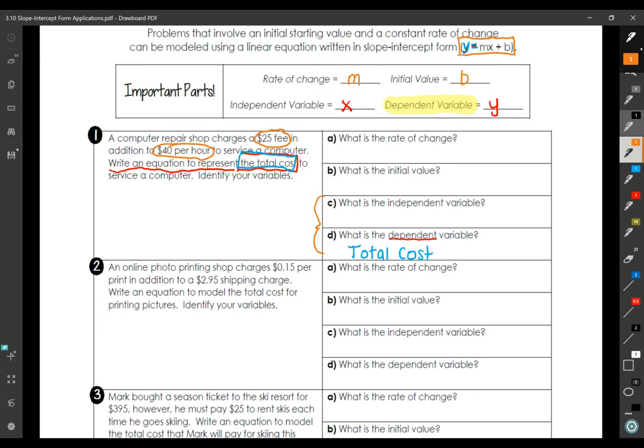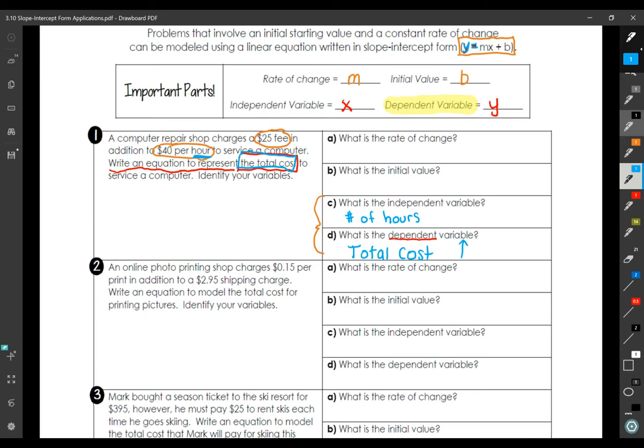But because of this $40 per hour, my total cost could go up depending on the number of hours, right? So the independent variable has to be number of hours, because hours are what will cause price to go up. More hours, higher cost.